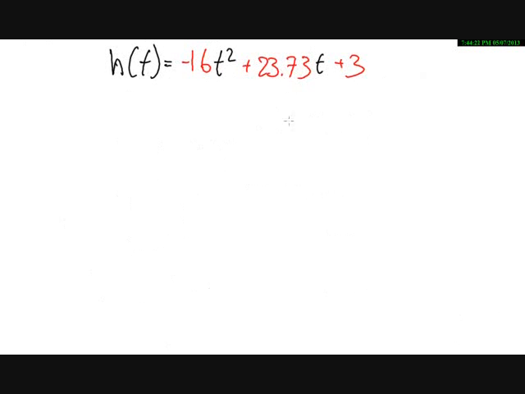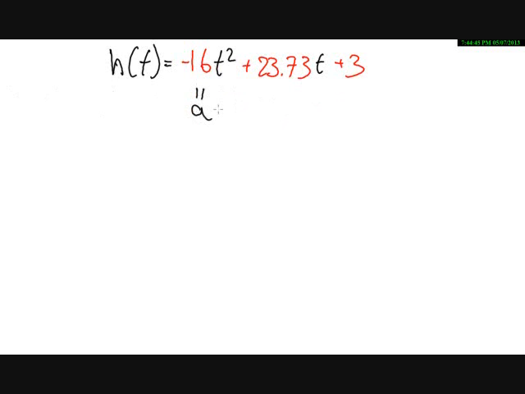Now that we found our initial velocity, we can put together the equation we will work with. This is our equation: h of t equals negative 16t squared plus 23.73t plus 3. Like I said before, this looks similar to our standard form, and actually, this is our standard form.